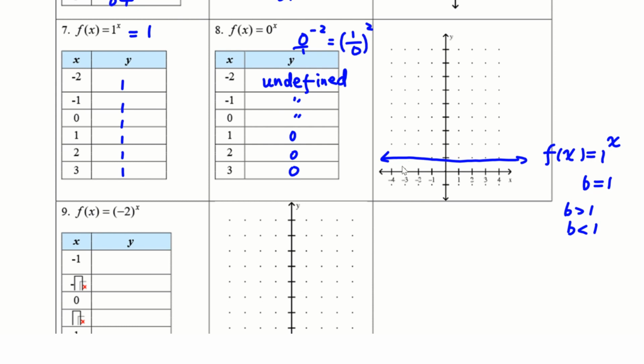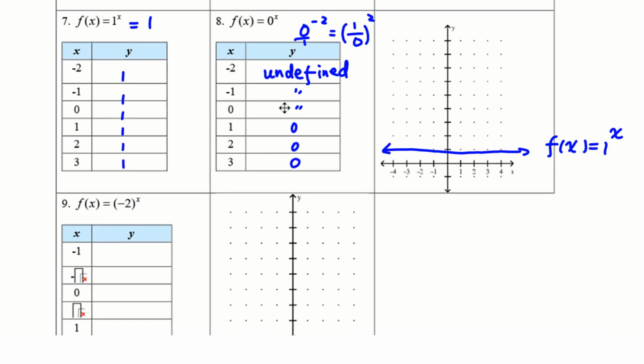So x couldn't be negative, because if x is negative, we could do the flip. It will be 1 over 0 to the exponent x. Then 0 is a denominator, so it's undefined. And also if x = 0, 0 to the exponent 0 is still undefined.